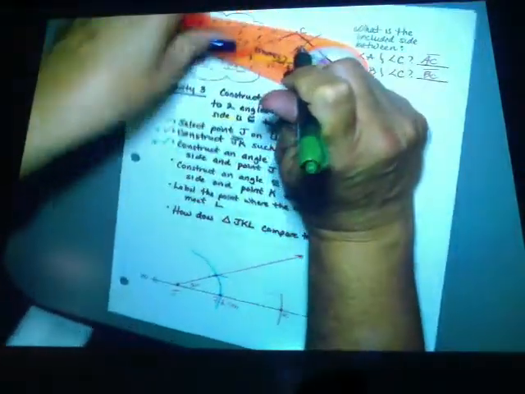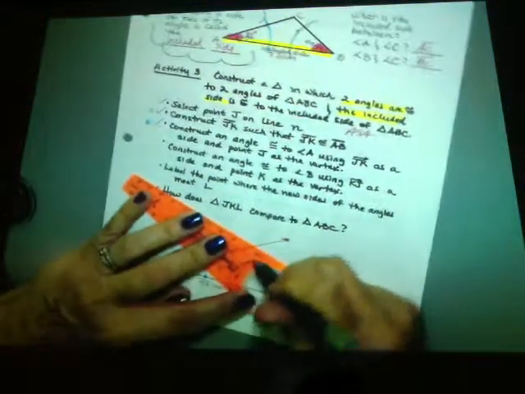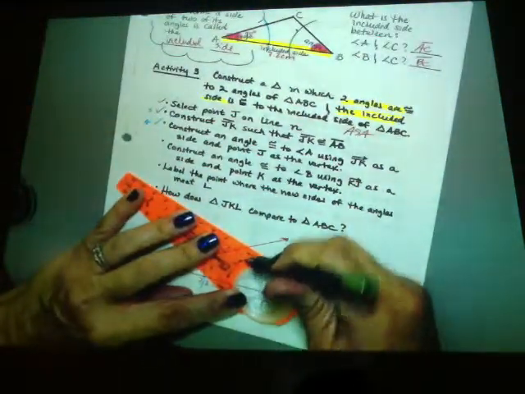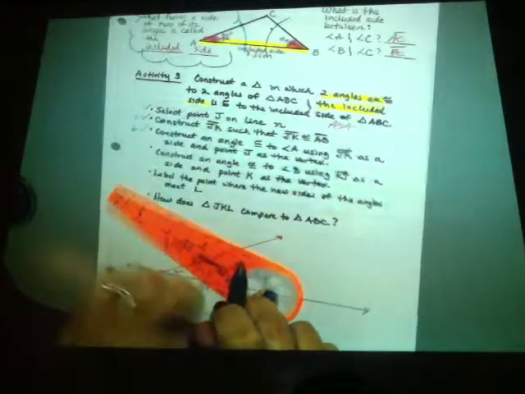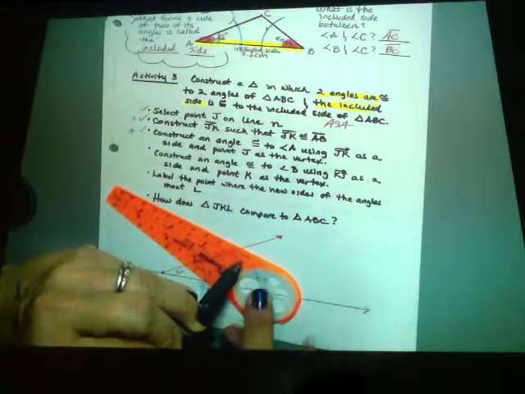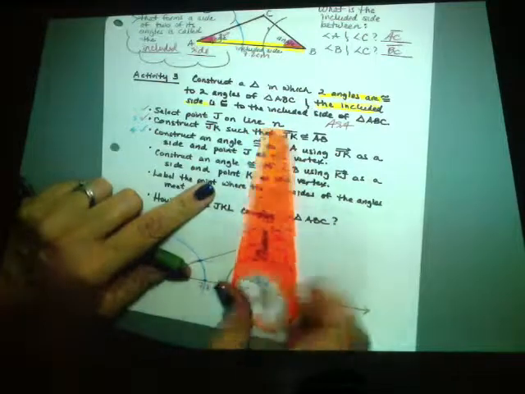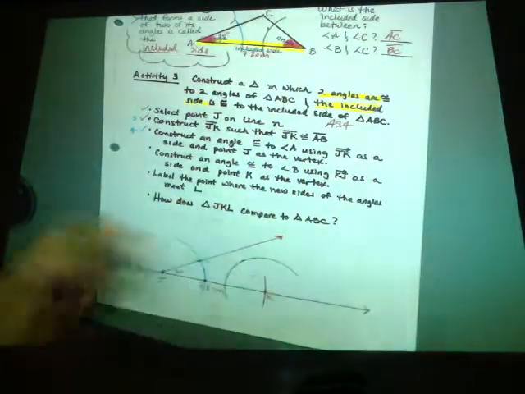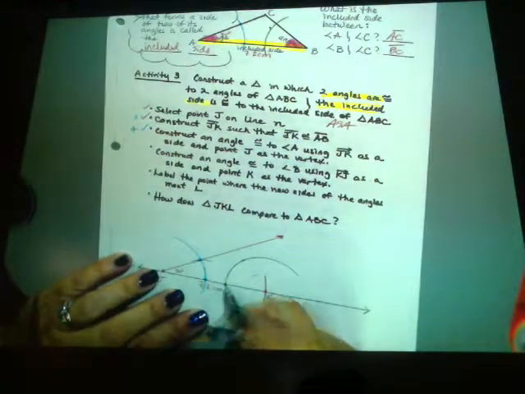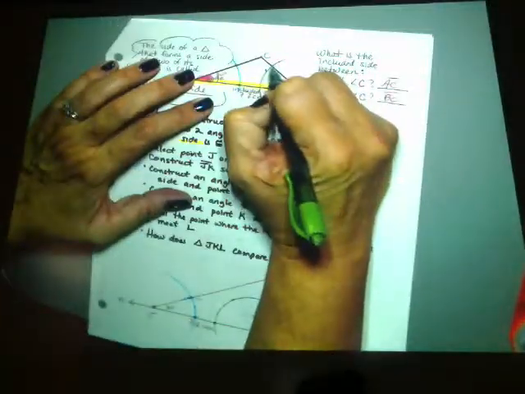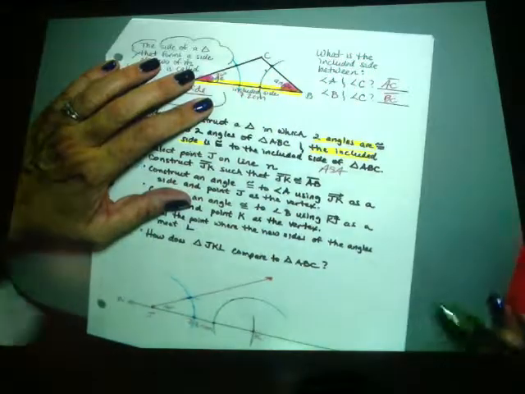I'll get a hold of my compass. And then create another arc. Okay. So now I have to measure this arc. I'm going to put a point right here. I'm going to put 2 points here so I can measure it easily with my compass.